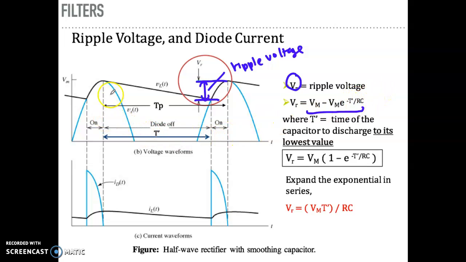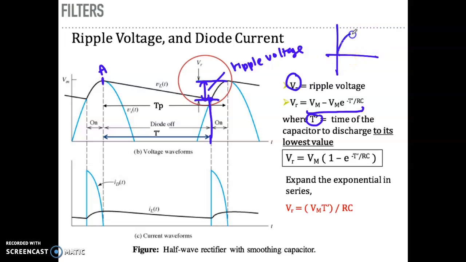So what is T prime? T prime is the time for the capacitor to discharge until its lowest value. So from point A until where it discharges to the lowest value is until here. So this is what we call T prime. Tp is the whole period of the circuit.